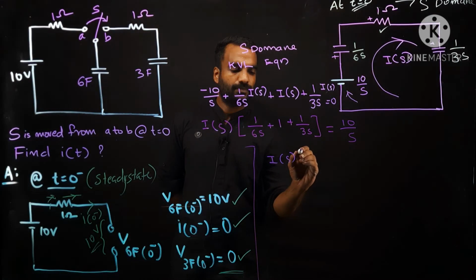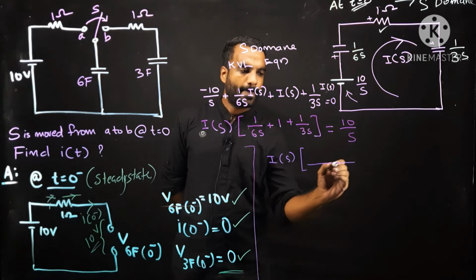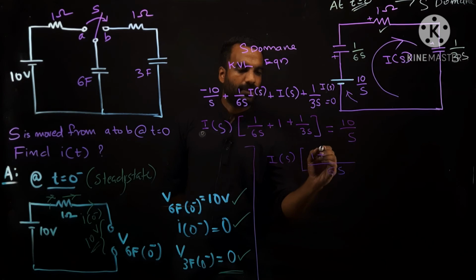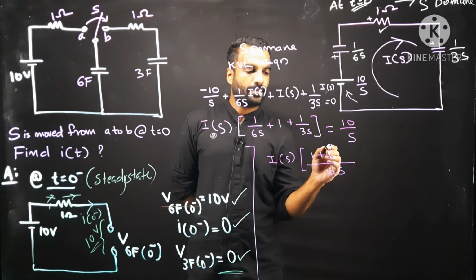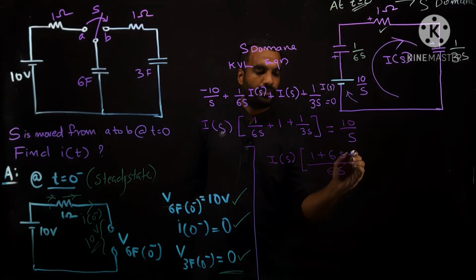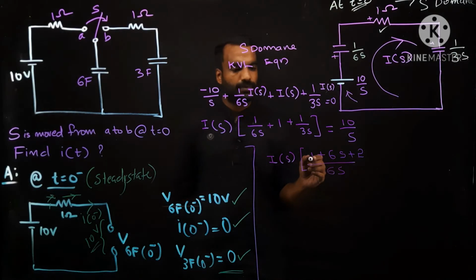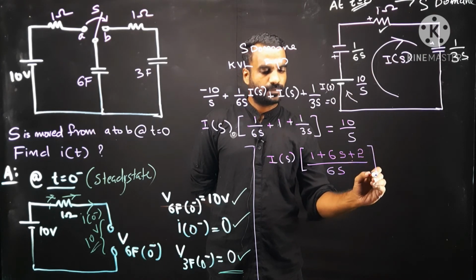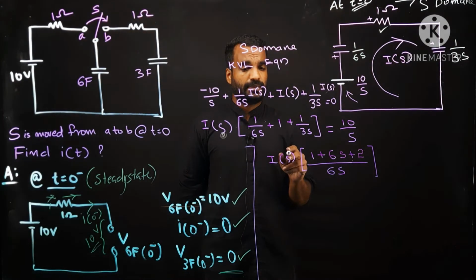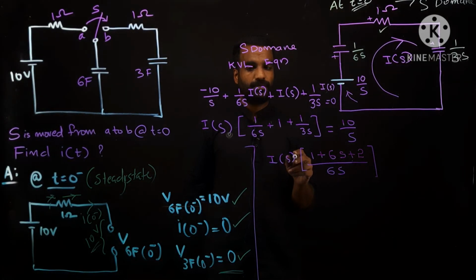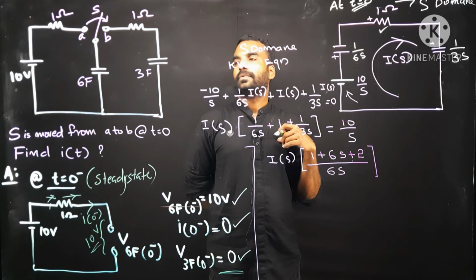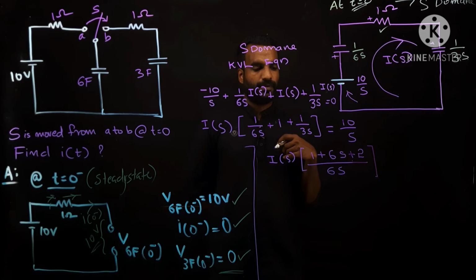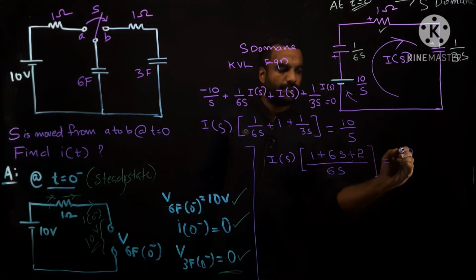I of s into 6s plus 1, and so on, plus 1 by 3s into I of s. So that is equal to 10 by s.